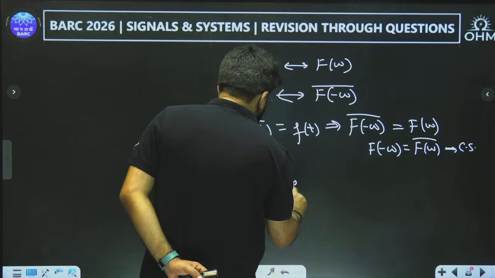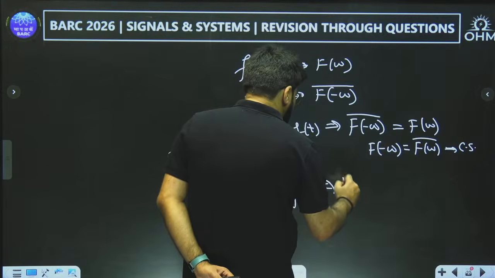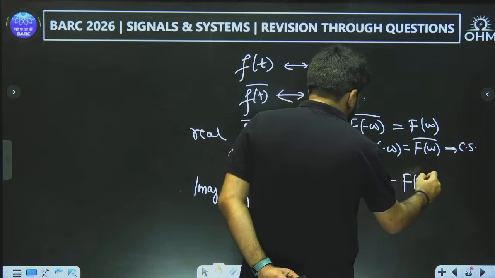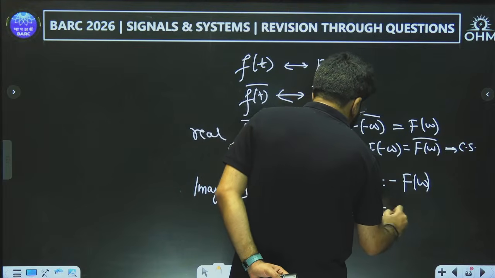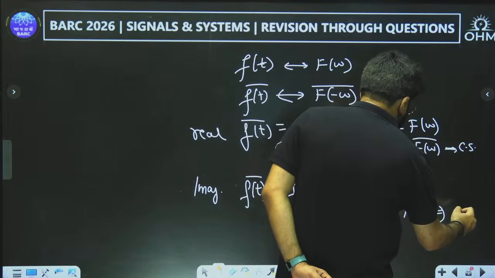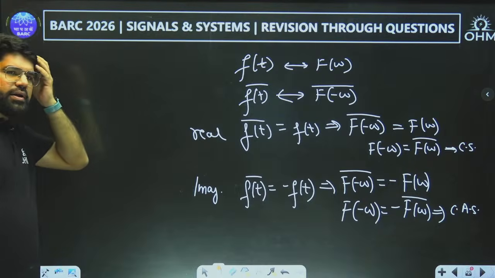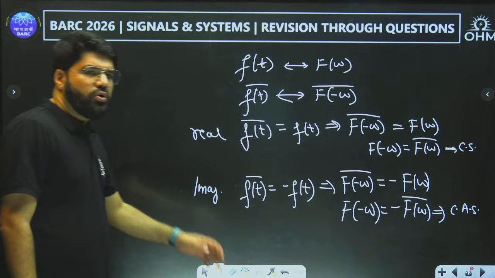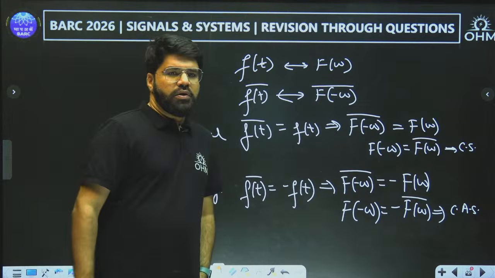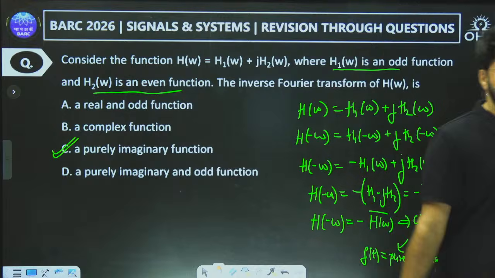The conjugate of f(t) is minus of f(t), whenever a number is pure imaginary. Then F(minus omega) whole conjugate equal to, right side also minus f(t), so minus F(omega). So F(minus omega) is minus of F(omega) whole conjugate, and that is what is conjugate antisymmetry, for a pure imaginary function. Answer has to be C.